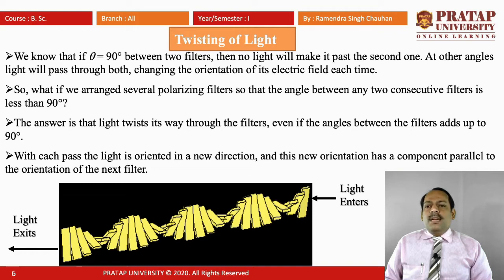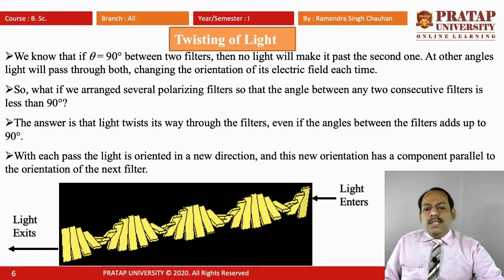So what if we arrange several polarizing filters so that the angle between any consecutive filters is less than 90 degrees? The answer is that light twists its way through the filters even if the angles between the filters add up to 90 degrees. With each pass, the light is oriented in a new direction, and this new orientation has a component parallel to the orientation of the next filter.